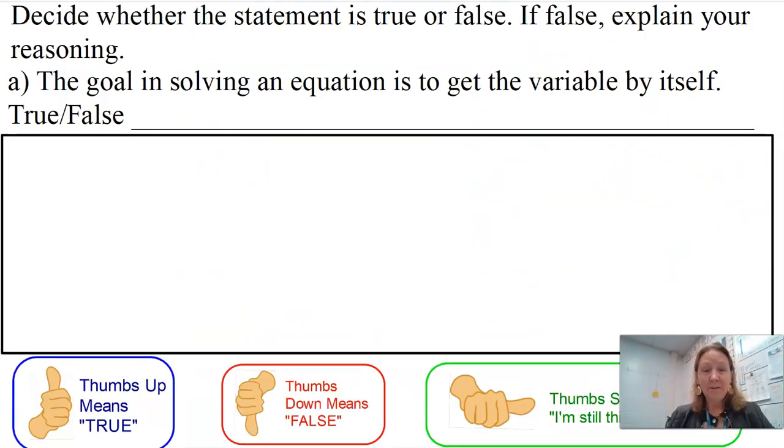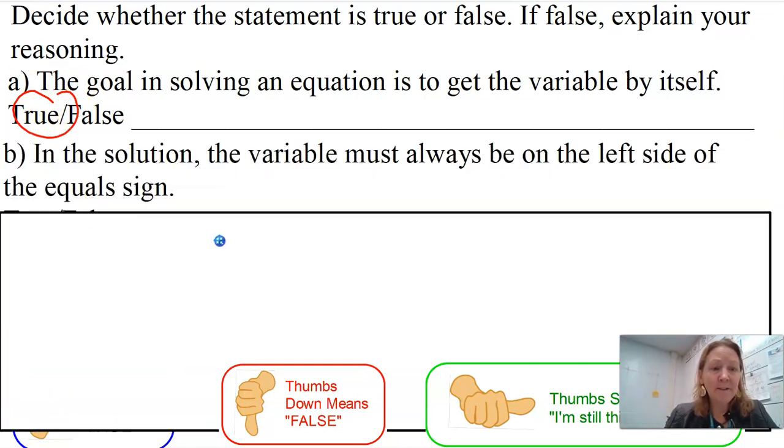Okay, so here we go. Decide whether this statement is true or false. The goal in solving an equation is to get the variable by itself. Thumbs up, thumbs down, or sideways. Hopefully you said thumbs up. True. You want to get the variable by itself. Here's the next one. In the solution, the variable must always be on the left side of the equal sign.